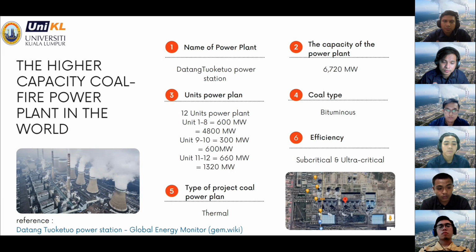The highest capacity coal power plant in the world is the Datang Zero Power Station, with a capacity of 6,720 megawatts.